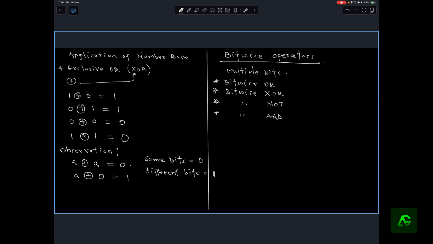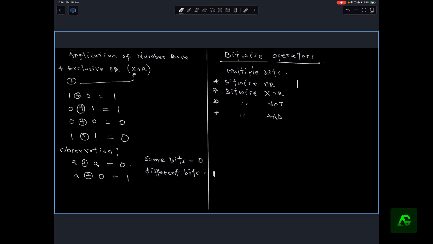When we look at languages, starting from C up to any other language, we notice that for OR we use this pipe symbol to denote the OR operator.